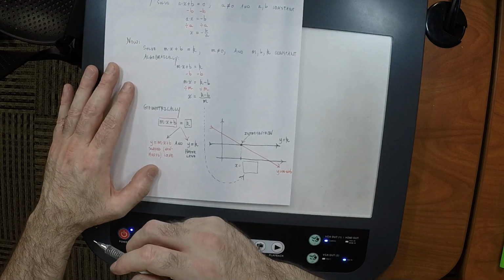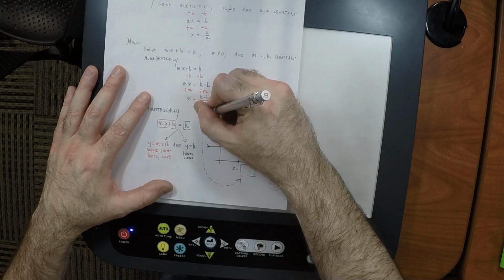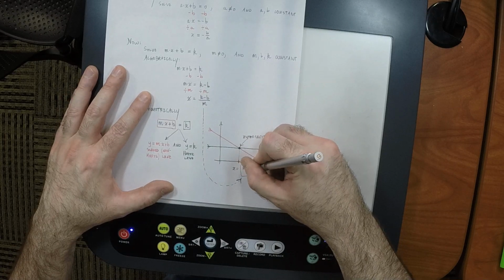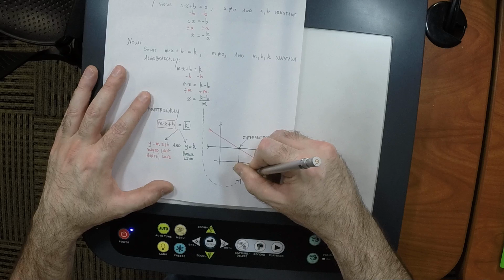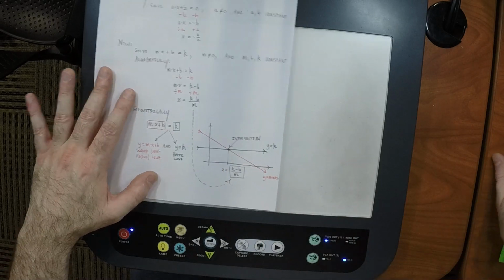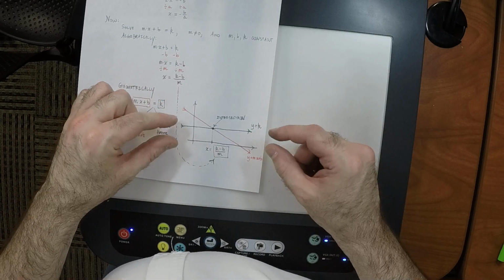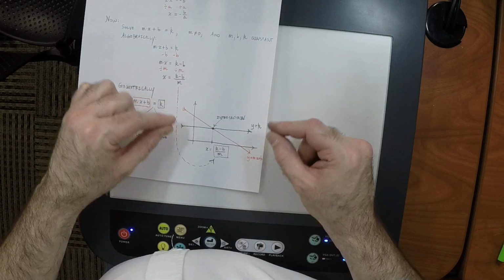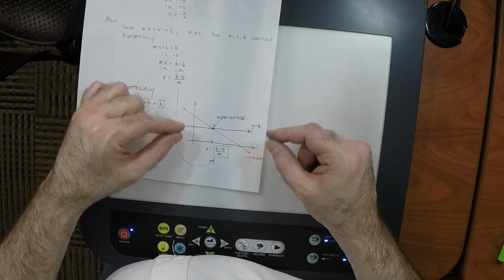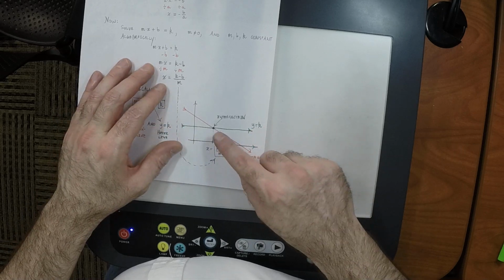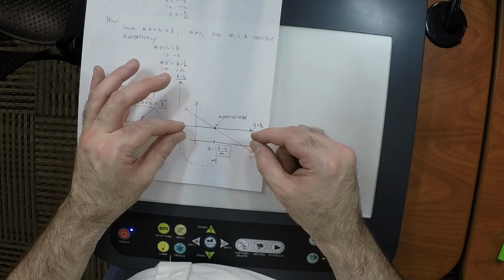And what I want you to see is that this is really notable, because if you look at this picture, imagine that we keep that red line fixed, but we can grab the green line and move it up and down. And imagine that as I'm moving it, this intersection is moving to compensate.